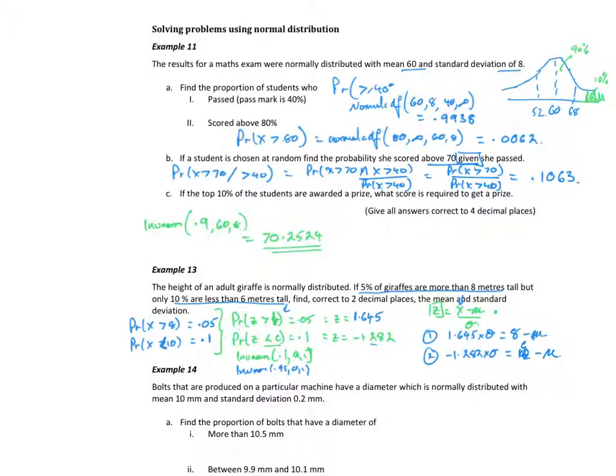So if we solve that on our CAS, we'll end up with mu equal to 6.88 and sigma equal to 0.68, which kind of looks about right.